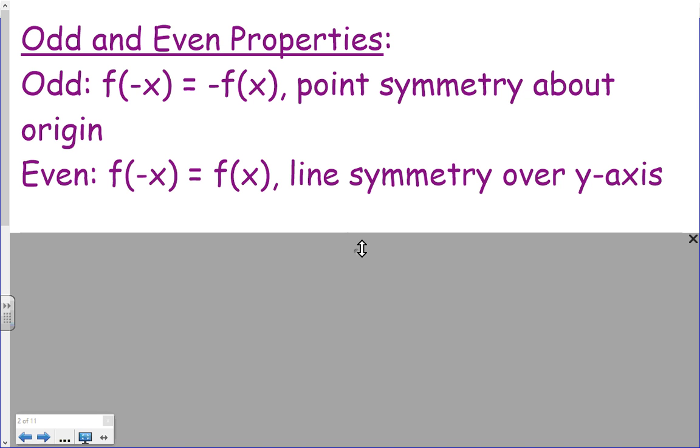And for an even function, algebraically we'd say that f of the opposite of x is equal to f of x, or graphically that means you have line symmetry over the y-axis. So that's what it means to be an odd versus an even function. And remember, there's also a third category of none of the above, or neither. Many functions that we look at are neither odd nor even.